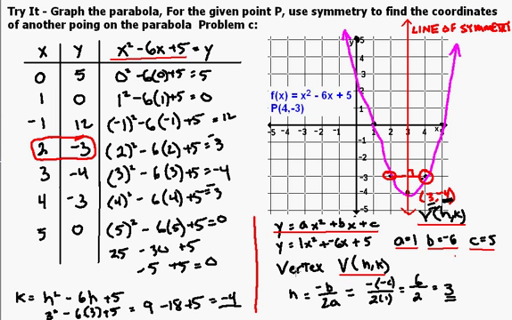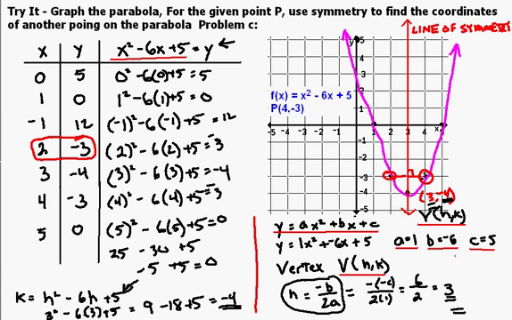So that's how you find the vertex without graphing. You start off with h equal to negative b over 2a, and then take what you find for h, plug that into the equation like we did here, and find out the value of k.